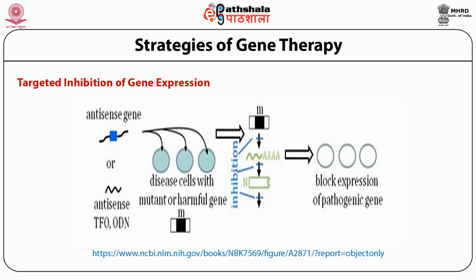The figure you are looking at on the screen shows inhibition of gene expression by insertion of an antisense mRNA coding gene inserted vector, or triplex forming oligonucleotides, written as TFO, or antisense oligonucleotide, written as ODN in the slide, either by forming a DNA-RNA triplex inside the nucleus or by forming an RNA-RNA duplex with the complementary mRNA strand of the disease protein coding mRNA. This may lead to the blocking of disease causing protein expression.